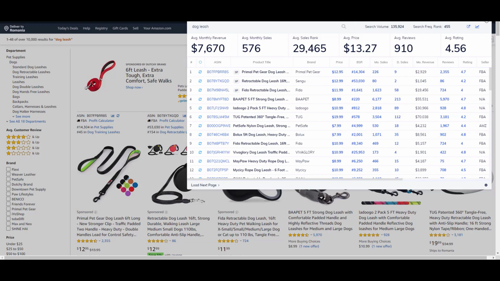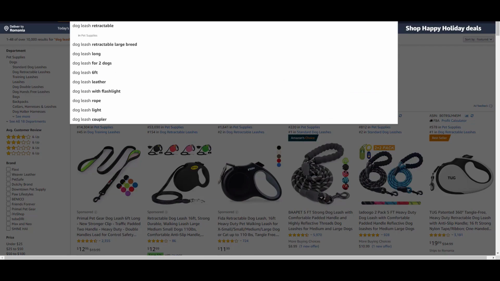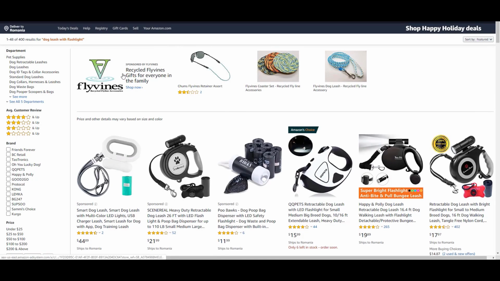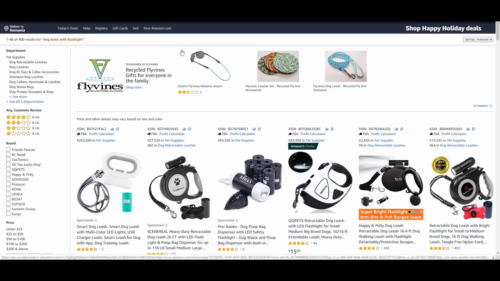The mistake here is that I'm just looking at this main keyword dog leash. If I were to analyze some other keywords, I might find that this is actually a good opportunity. I might still find that it's not, depending on what my criteria are. And once again, we haven't covered criteria yet.